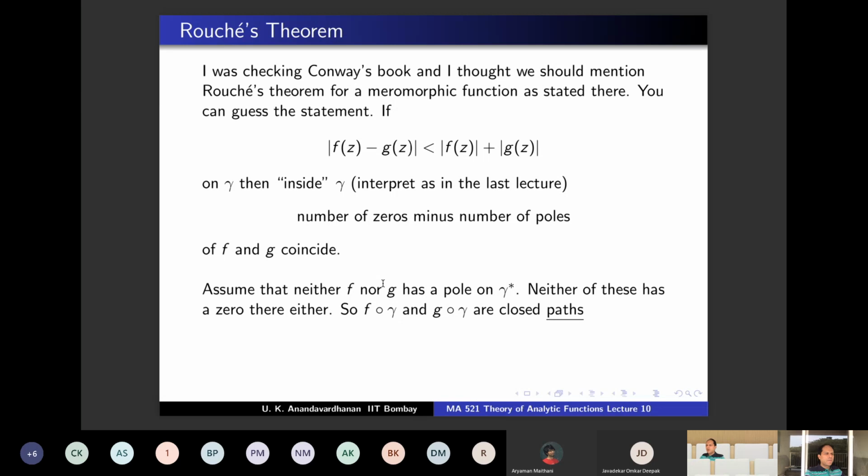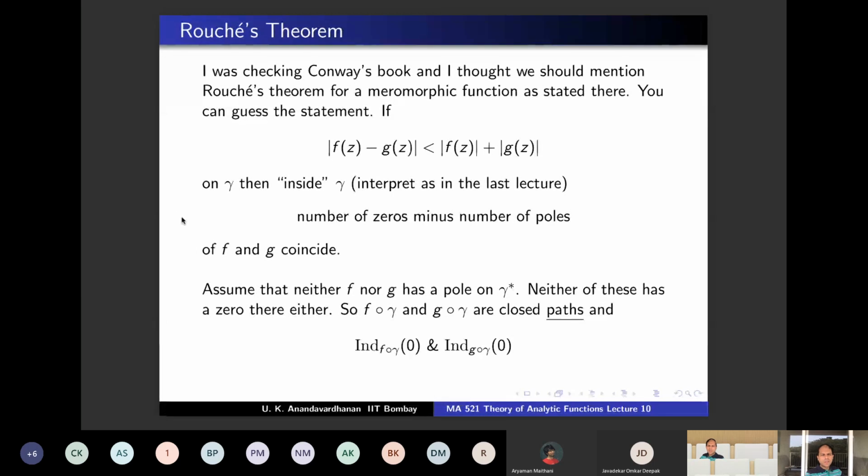The index of F composed gamma at 0 and of G composed gamma at 0 are the same because the same homotopy works, the straight line homotopy. So F composed gamma and G composed gamma are homotopic in a domain that does not contain 0. It does not contain 0, because if one of the homotopy maps went through 0, you would get a contradiction to the strict inequality. So the proof goes through, and we have actually proved this stronger statement.